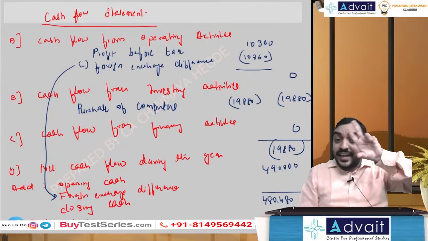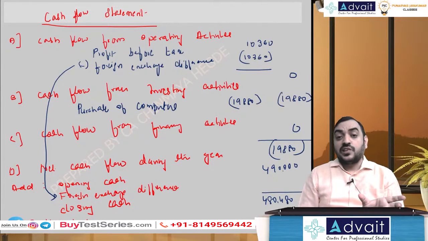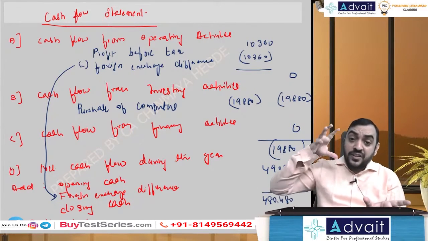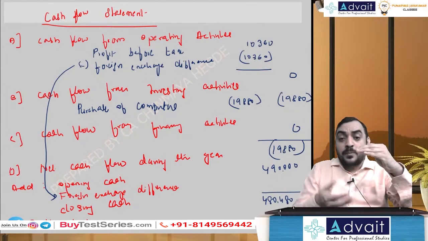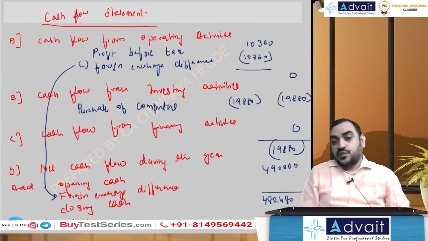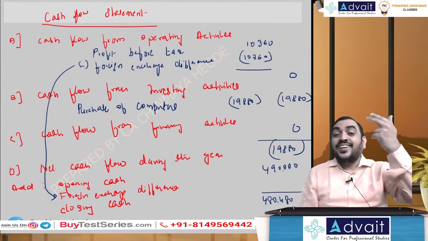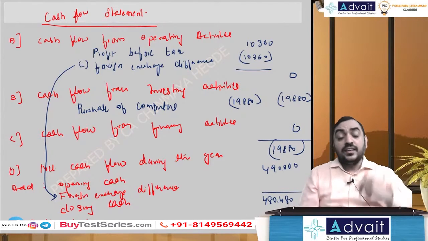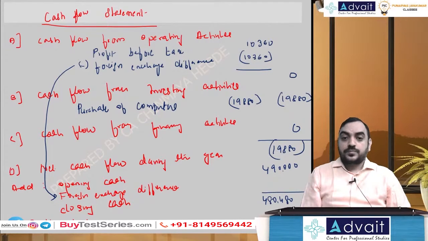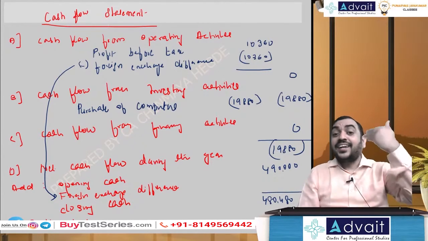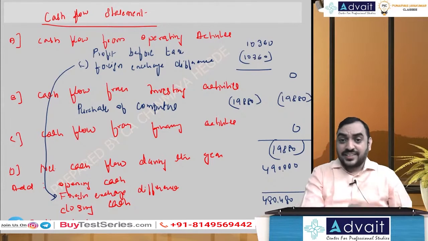Therefore, it has to be taken out from operating activities and put as part of reconciliation after opening balance before closing balance. In this case, it is a foreign exchange gain. So we subtract in operating activity, we add in the reconciliation statement. If it was a loss, I would have added in operating activities and subtracted in the reconciliation statement.